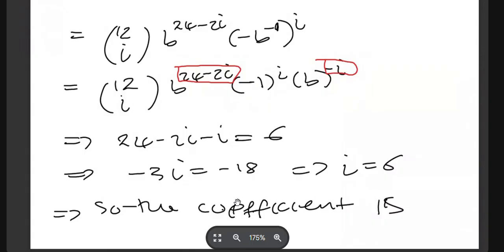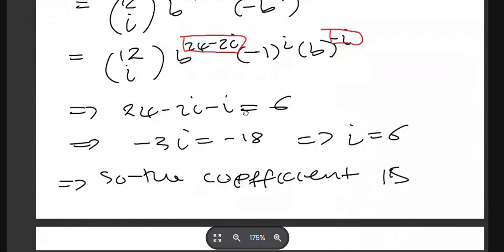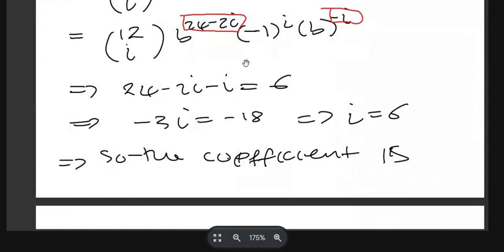Because 24 minus 2I minus I is equal to 6, because the question is b to the power 6.